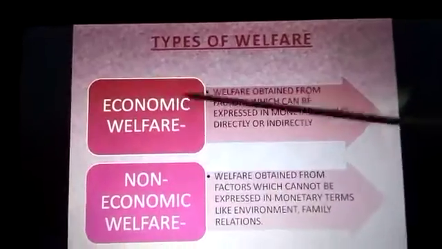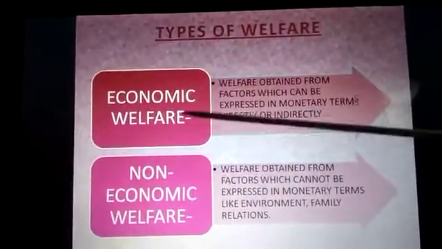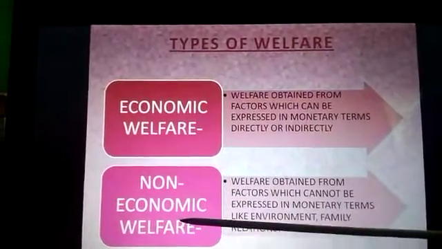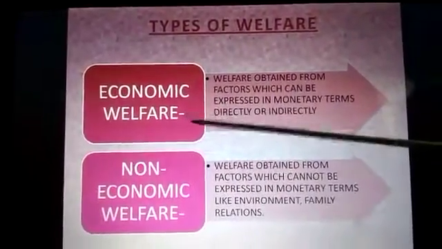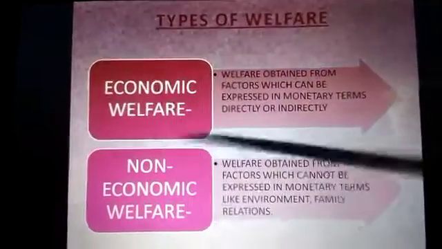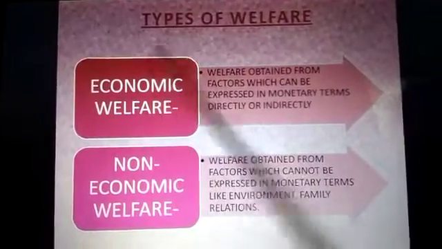From the term itself, you should be able to understand what they are. Economic welfare, a person gets from economic goods. Non-economic welfare, a person gets from non-economic goods. Economic goods means those goods which are purchased with the help of money. And non-economic goods are those goods which are not purchased with the help of money.